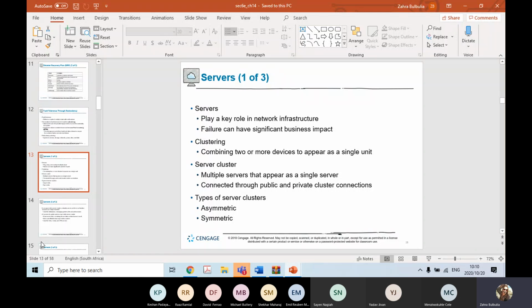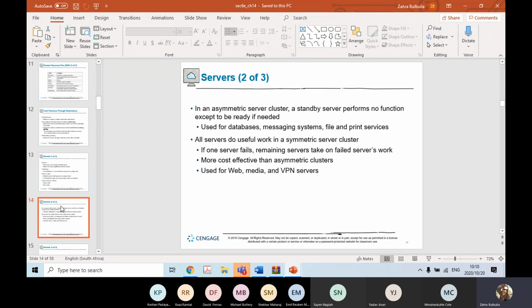We want to combine 2 or more devices to appear as a single unit, and we also have server clusters. The thing about servers is you can actually have a lot of duplication on them, especially if you have intrusion detection systems and such. They would have a log of all your activity, which is useful. In a symmetric server cluster, all servers do useful work.